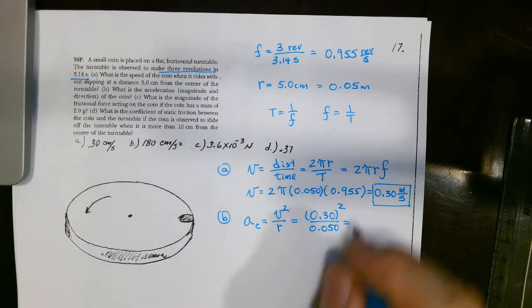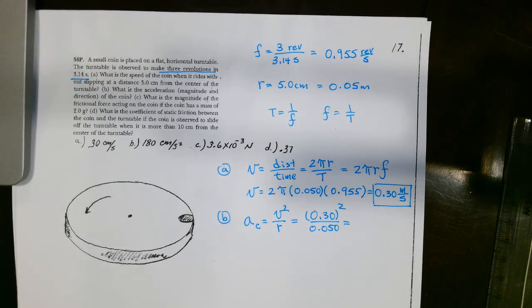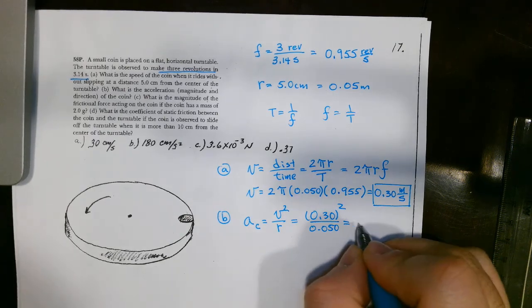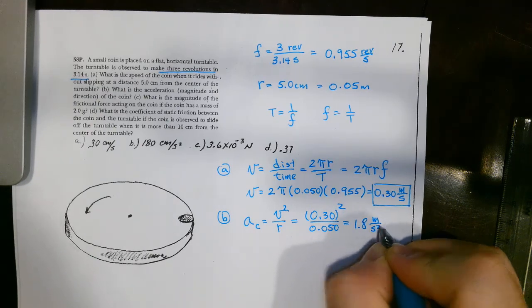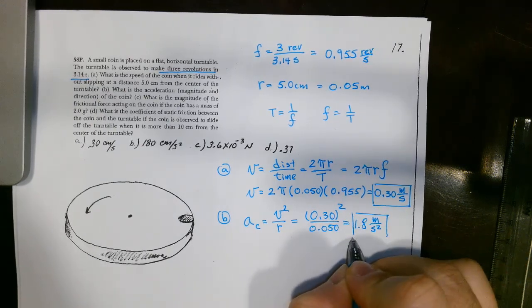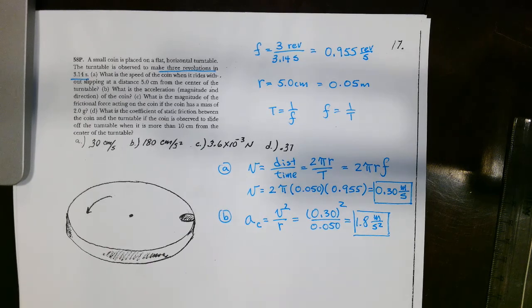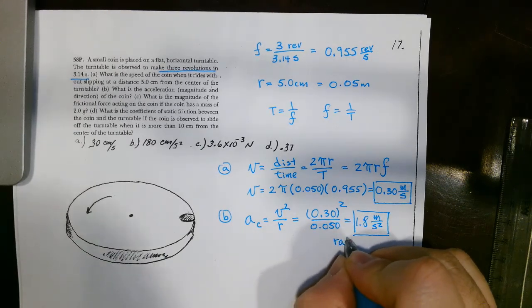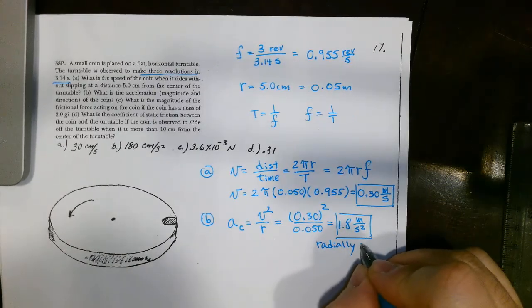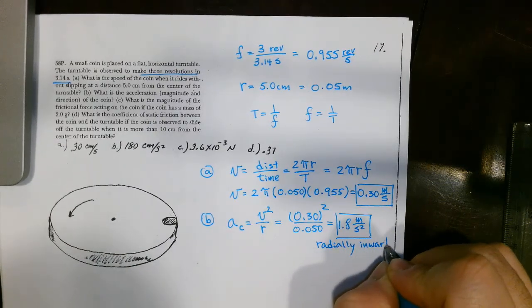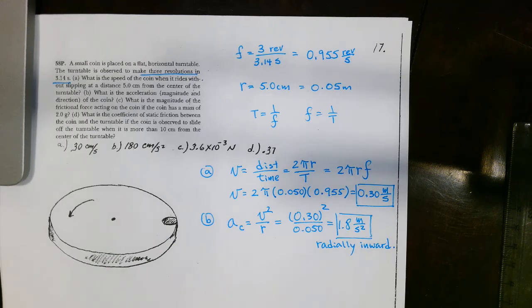So 0.3 squared, divide that by 0.05, get 1.8 meters per second squared. And of course, the direction would be radially inward, towards the center of the circle.